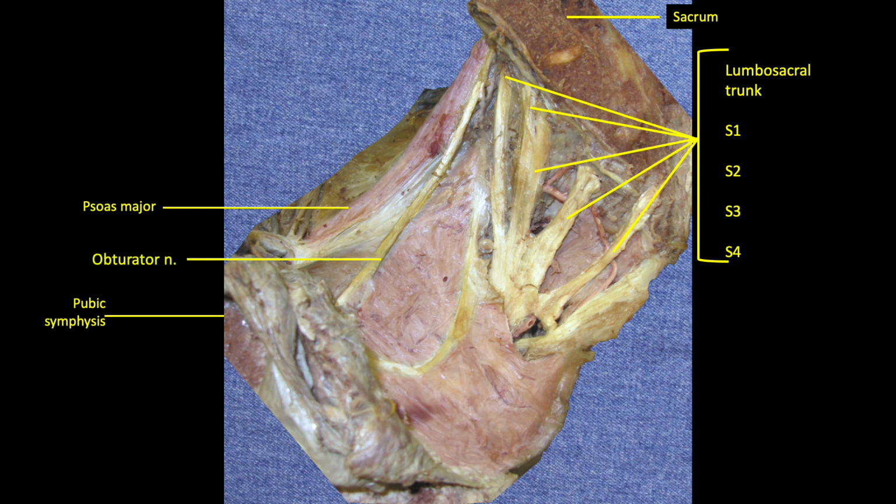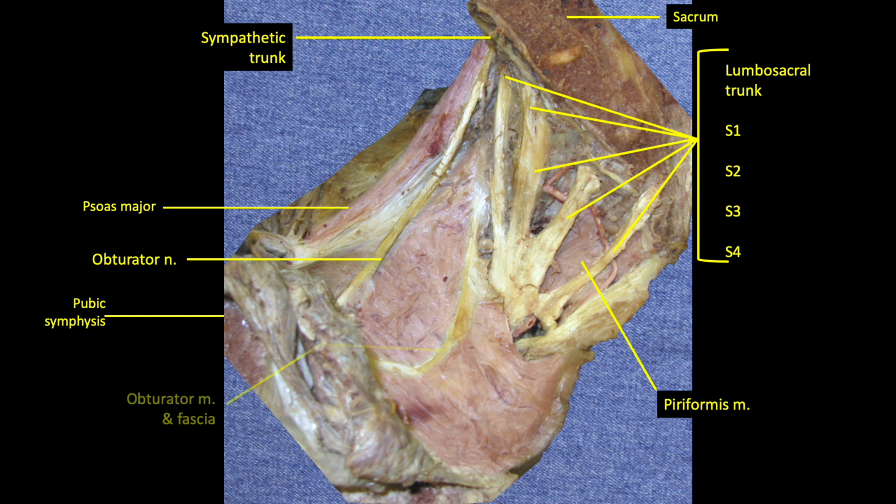Again, we can readily detect the obturator nerve and the sympathetic trunk. The piriformis is again apparent, but now we can recognize how prominent the obturator muscle truly is, as well as its fascia. Indeed, this fascia forms a sling known as the tendinous arch of the levator ani.